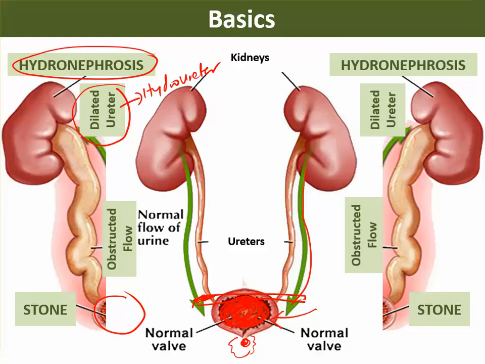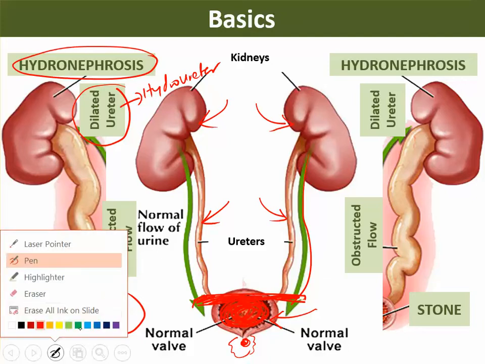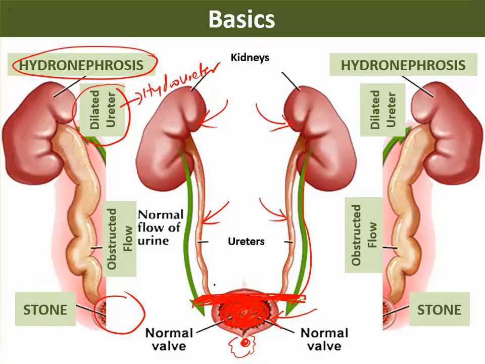but this block is happening below the vesicoureteric junction. Understand? If there is any obstruction below the vesicoureteric junction, the hydroureter and hydronephrosis will be bilateral. If the obstruction is happening above the vesicoureteric junction, for example, obstruction is happening here, the hydroureter and hydronephrosis will correspond to that side.